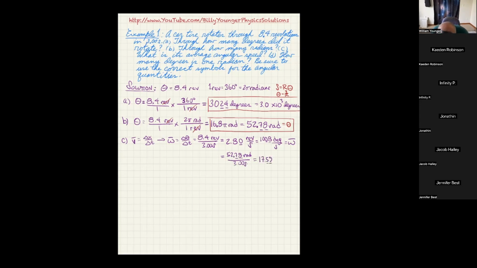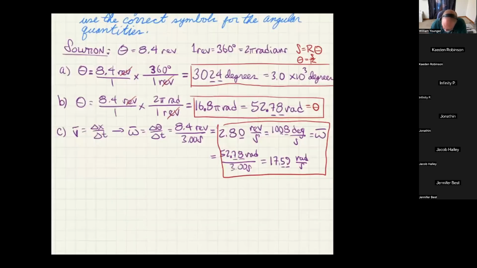Again, 2 extra sig figs, and that's radians per second. So I just wanted to show you all the different ways we could express this angular speed using the various units and whatnot.